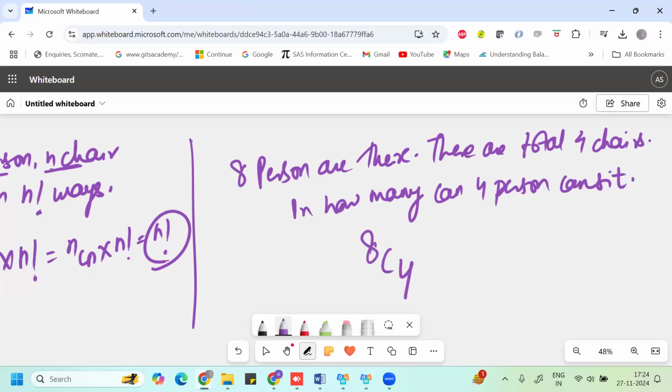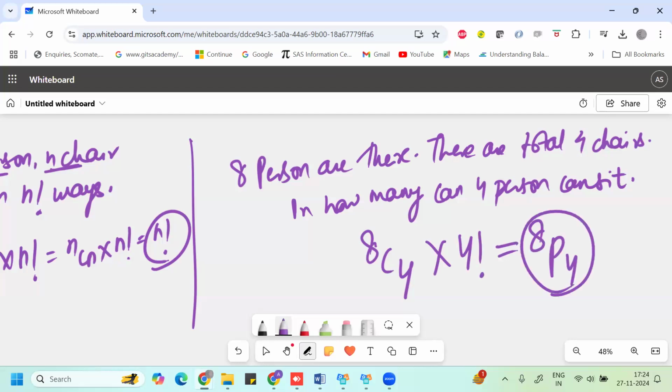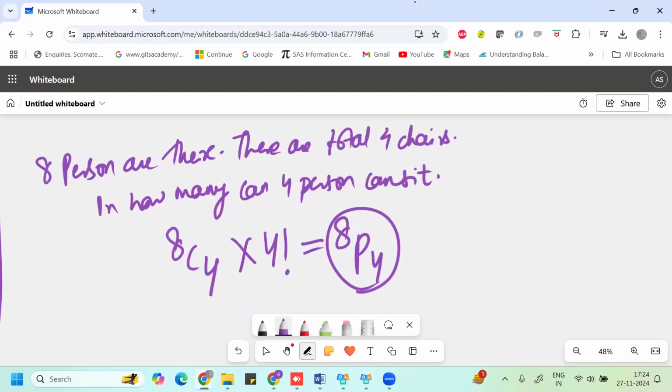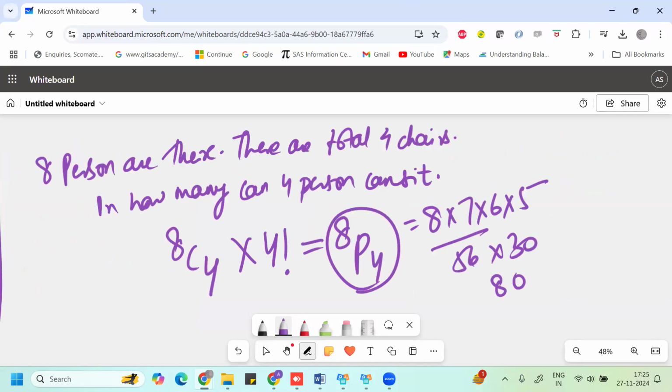From 8 persons, you have to choose any 4 persons, and then in 4 places, 4 persons will sit in 4 factorial ways. This answer is 8P4. You are getting it, everyone? So what is 8P4? 8P4 is 8 into 7 into 6 into 5, which is 56 into 30, that is 1680. Clear, everyone?